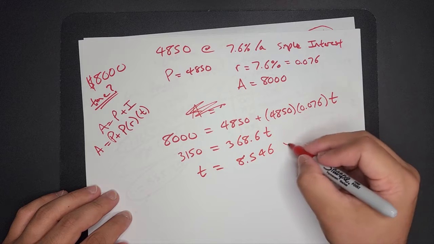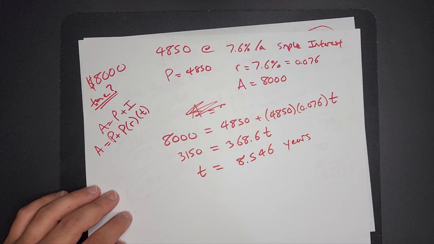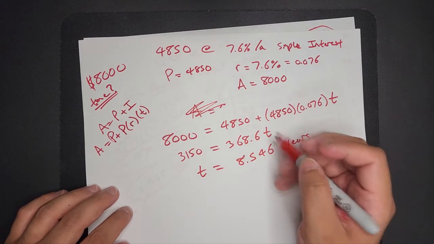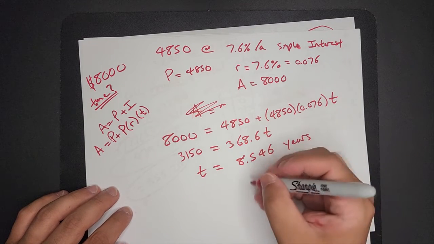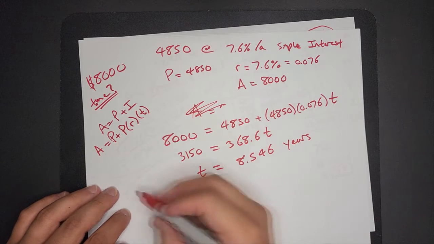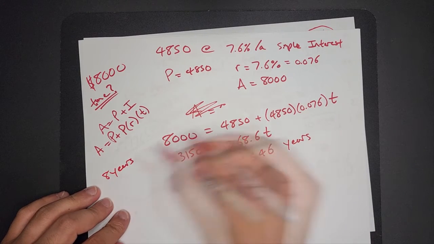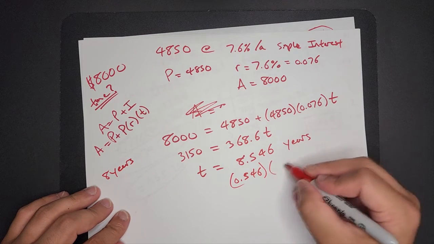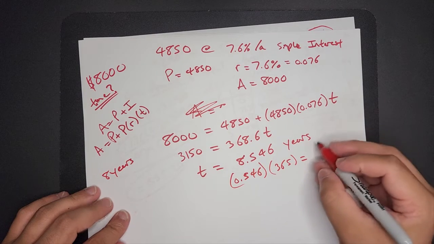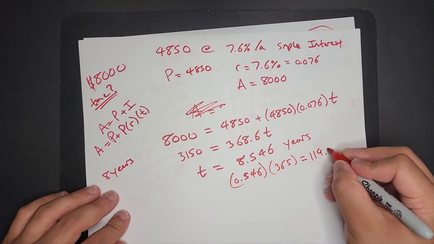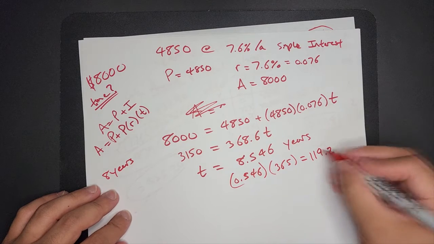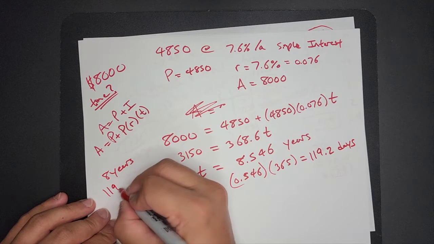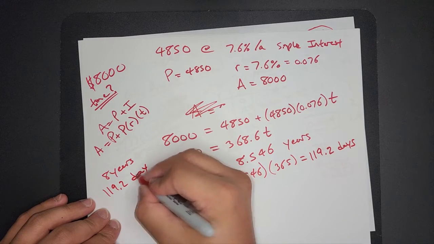So since t is in years, about 8.5 years. If you want to be exact, you can actually take the 8 away and say that's 8 years and 0.546 and multiply that by 365. You get 199.2. That gives me days, so 8 years and 199.2 days.